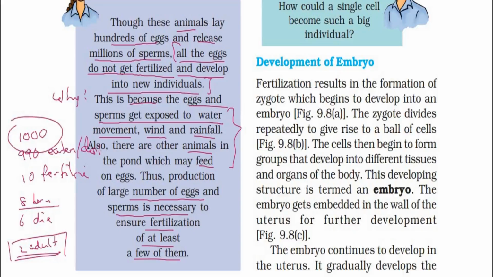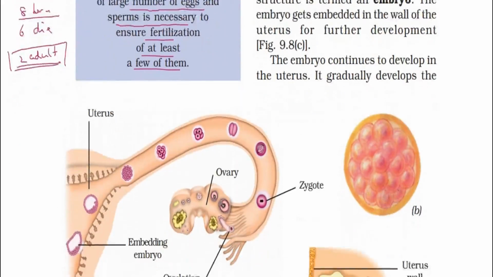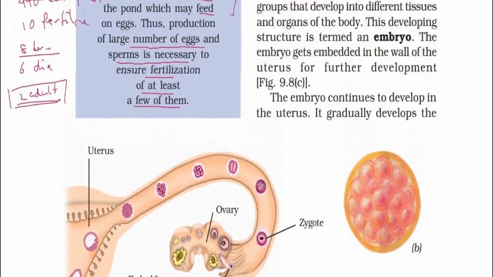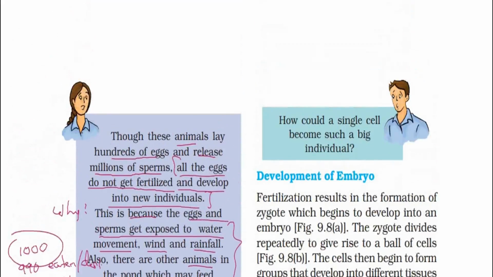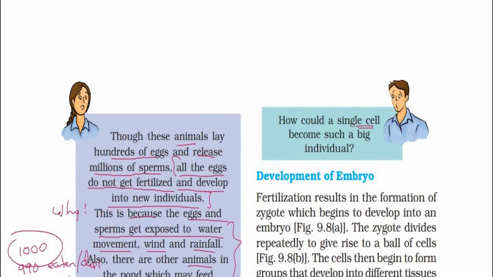Now the next question is, how does the embryo develop? How does a single cell, the zygote, develop into the child? How does this occur?